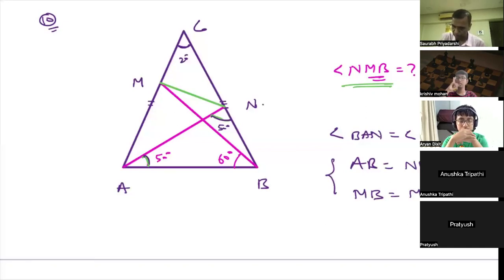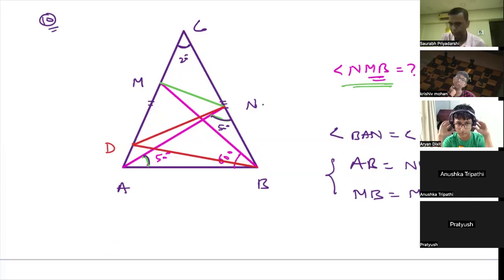Next, in this construction we are taking a point D on side AC, right?